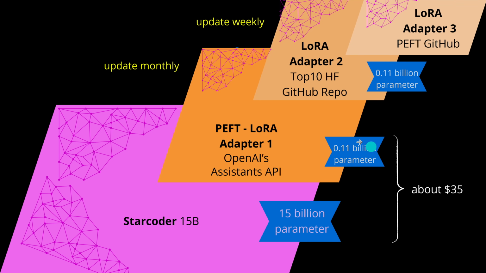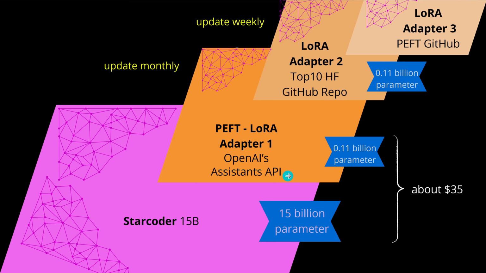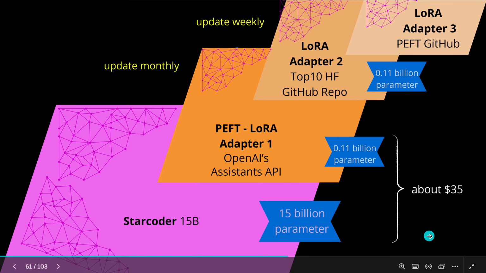If you do $35 monthly, you are so up to date. If you think about other commercial code LLMs that are updated every year or every 6 months, you can do this weekly or monthly. And it is about $35 for this particular configuration, for this particular size of the training data set, for this particular infrastructure.